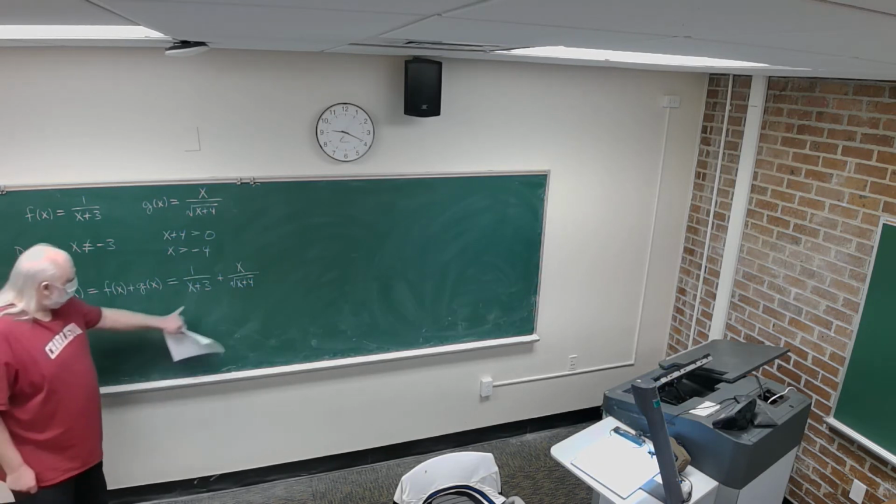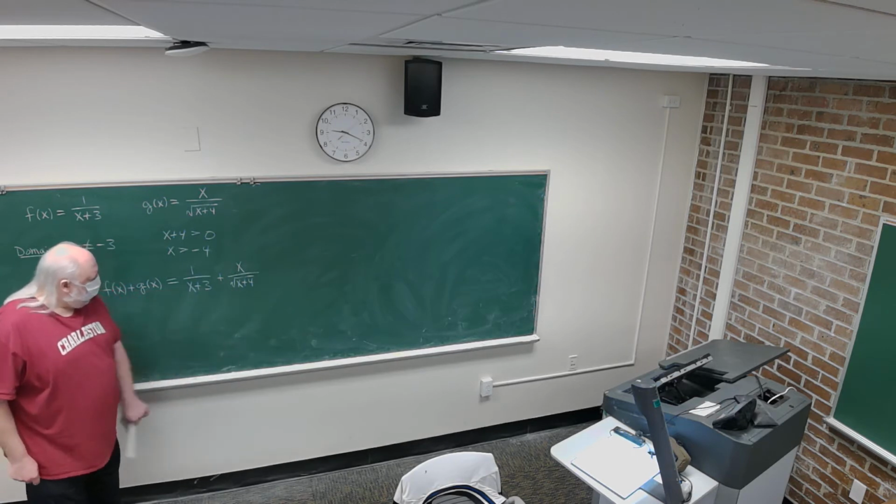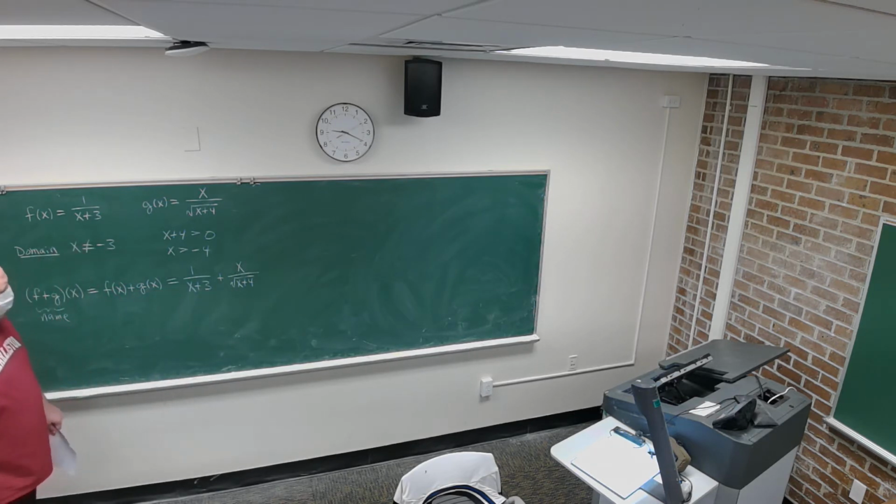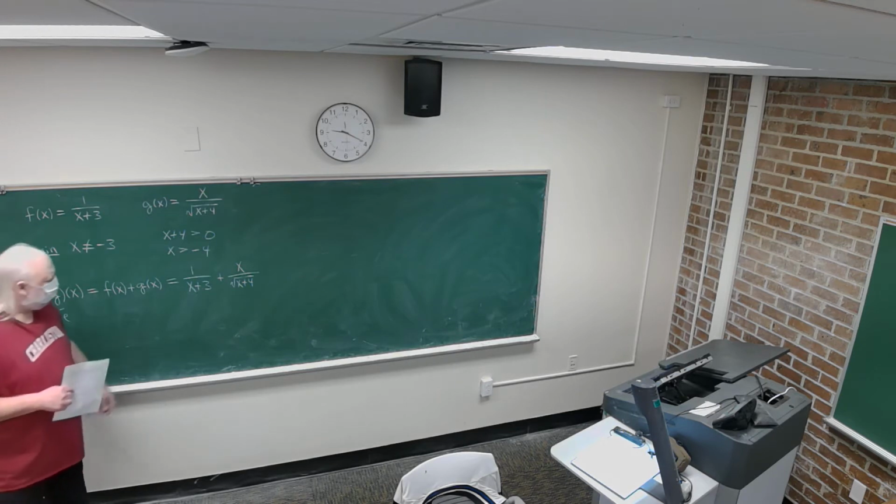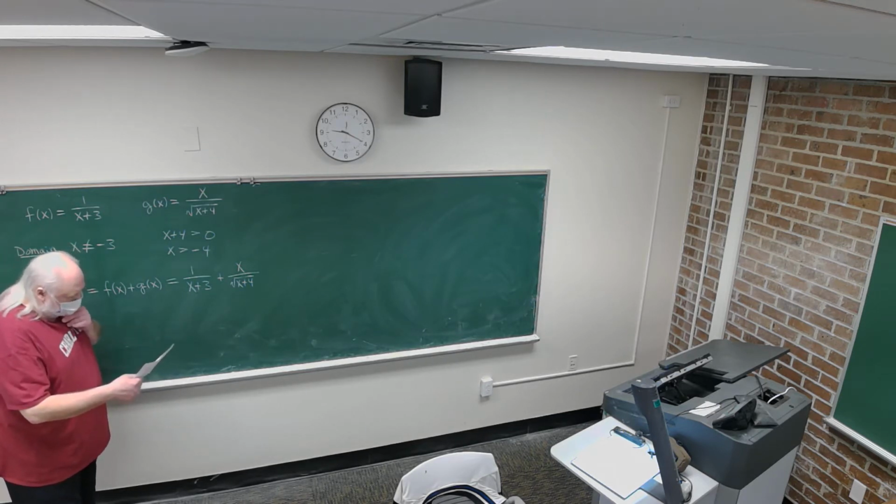The common denominator is x plus 3 times the square root of x plus 4. But I'm just going to leave it as is. Now, what's the domain of this new function? Well, it's all the values of x. Maybe I will simplify this. I've changed my mind.